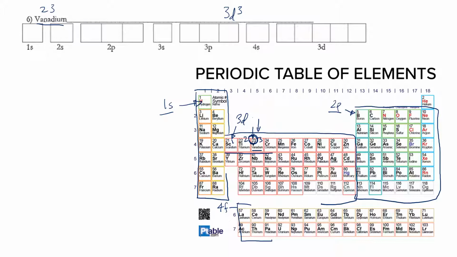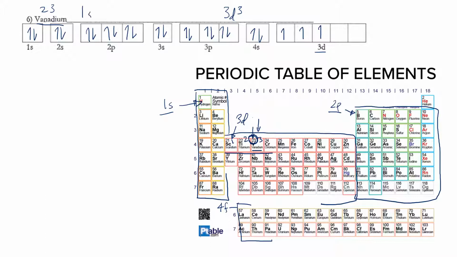So let's count 23: 1, 2, 3, 4, 5, 6, 7, 8, 9, 10, 11, 12, 13, 14, 15, 16, 17, 18, 19, 20, 21, 22, 23. 3d3, just like I said. And now we can fill in the rest.